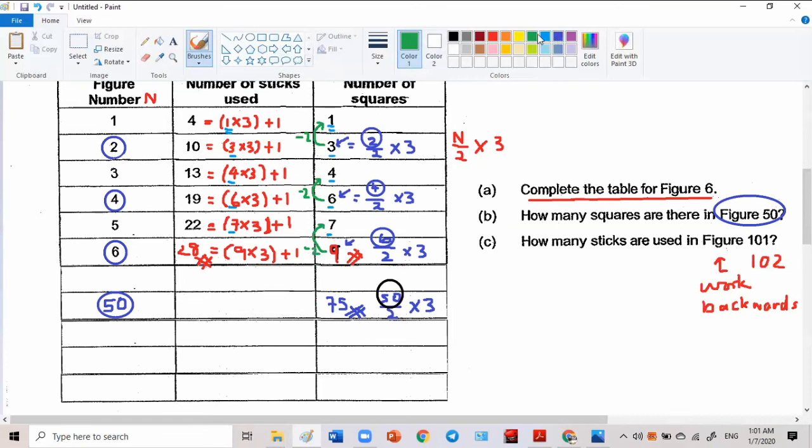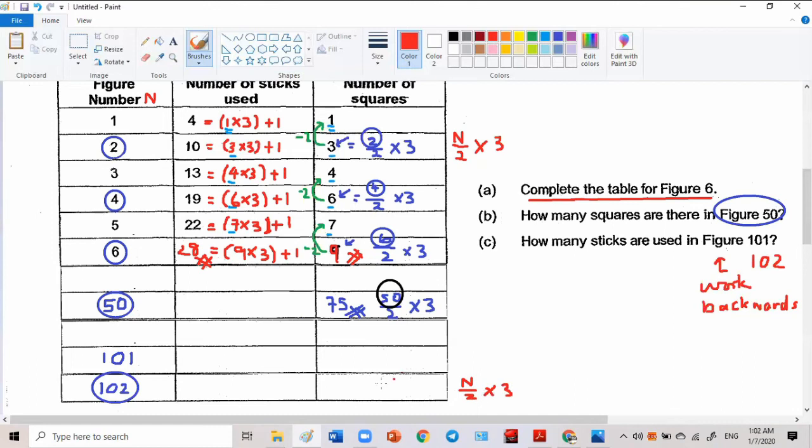so if I find the 102, which I'm going to work for, 102 here. Now, don't forget, this 102 here must be pattern 1, figure number 101 as they wanted here. But since I've got a secret formula for the even number, what must I do? The even figure number is denoted by this formula, n over 2 times 3.